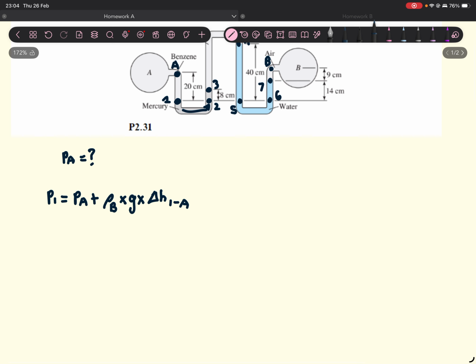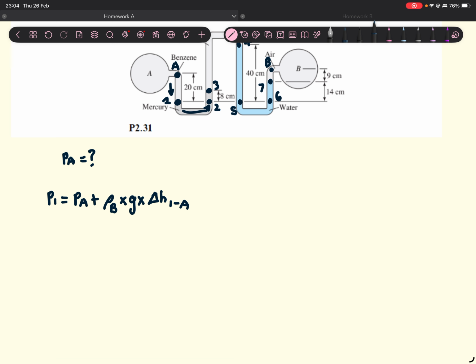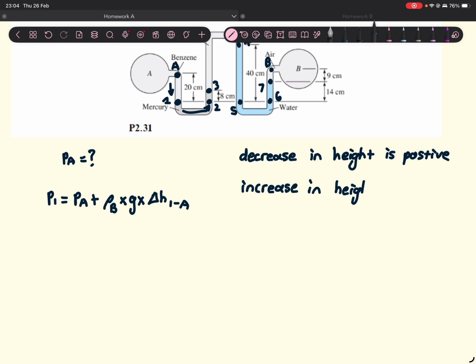Then because as you decrease in height, pressure increases, we're going to define a decrease in height as positive, and an increase in height will be negative.